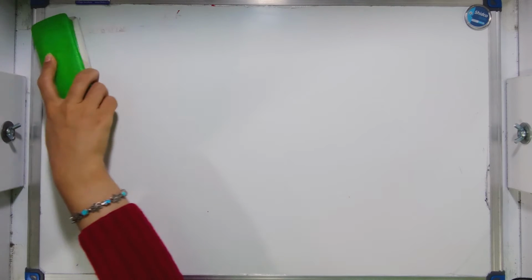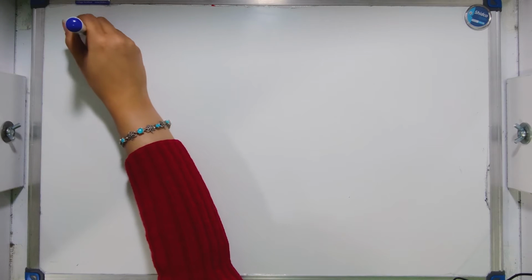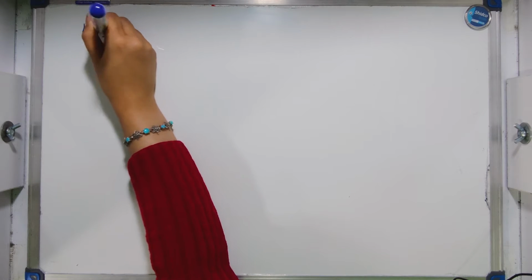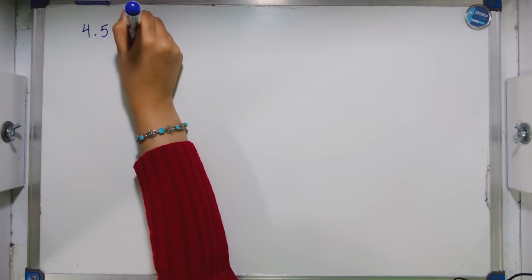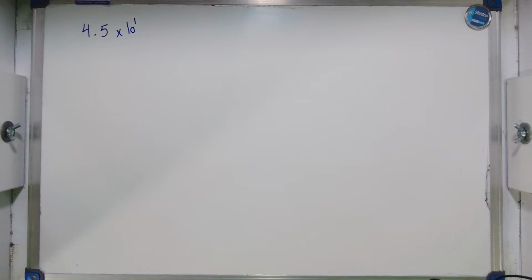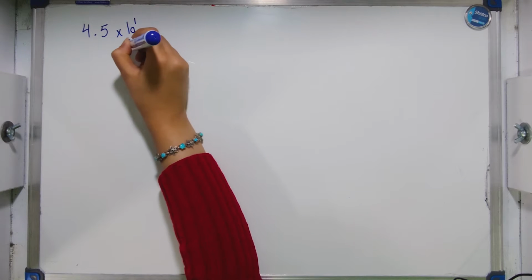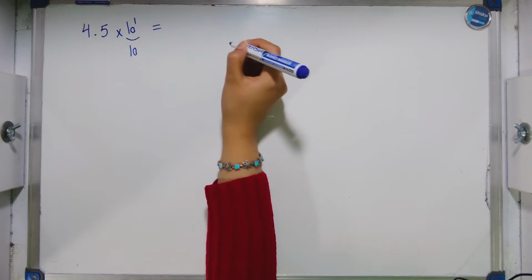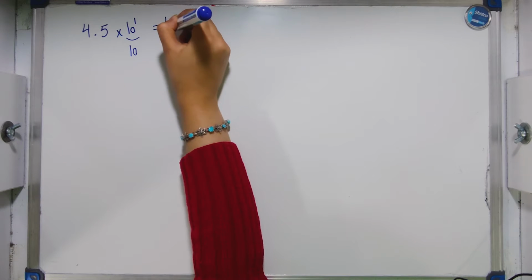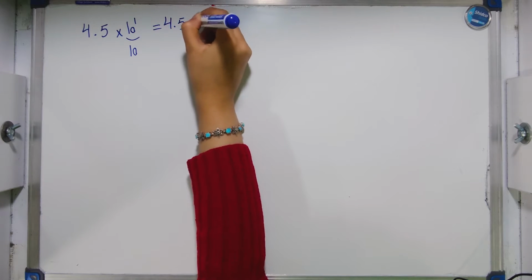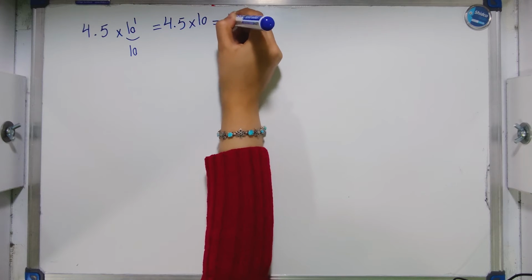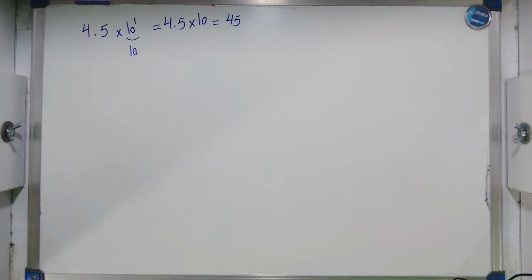Let's start by changing scientific notation to the standard form. Imagine that you have this number. 10 to the first is simply equal to 10. And you can say 4.5 times 10 is equal to 45.